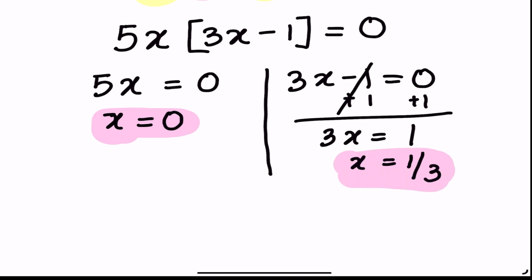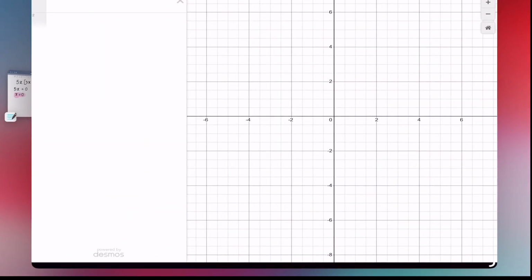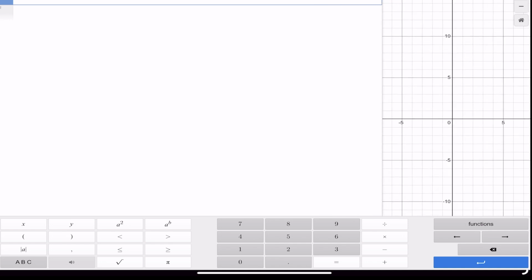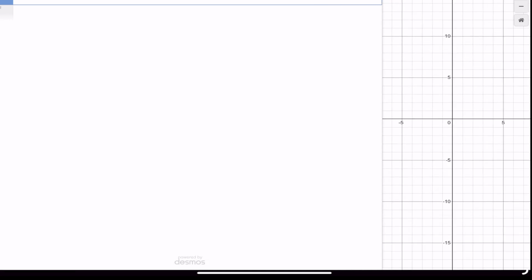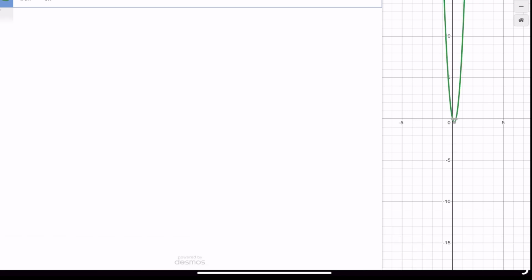Now let's go ahead and check this with a handy dandy Desmos. I'm going to open up my Desmos here. And let me see if I can expand this. Yes, I can. I can't do this any further. I'm going to type in what was my equation, 15x squared minus 5x.